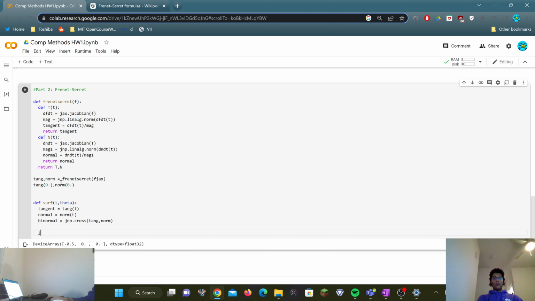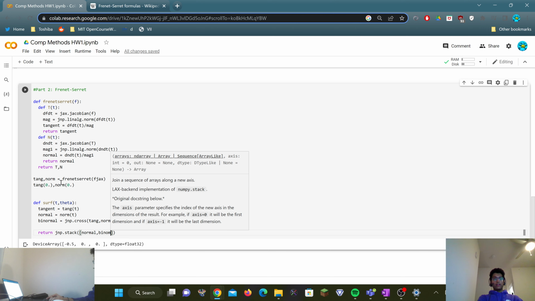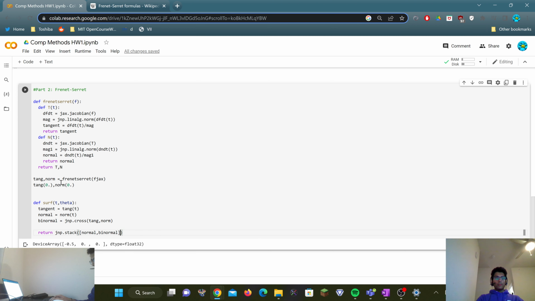First we have to make our x, y vector, so we're going to return jnp.stack of the normal and binormal vectors, and then we want to multiply it by the curve that is parameterizing our surface point.